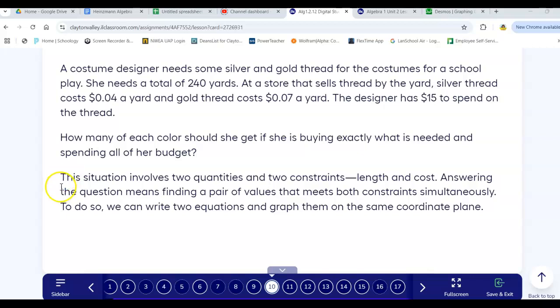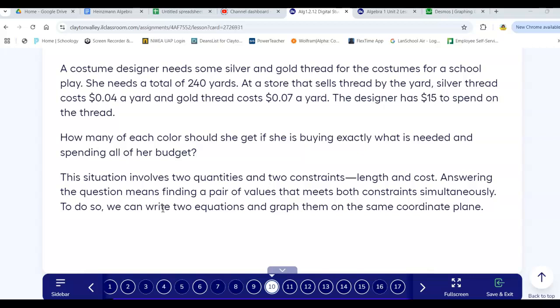And they're telling you right here, this situation involves 2 quantities and 2 constraints. Length. So how many yards of thread are we buying? And how much it costs. Answering the question means finding a pair of values that meets both constraints simultaneously, which means at the same time.